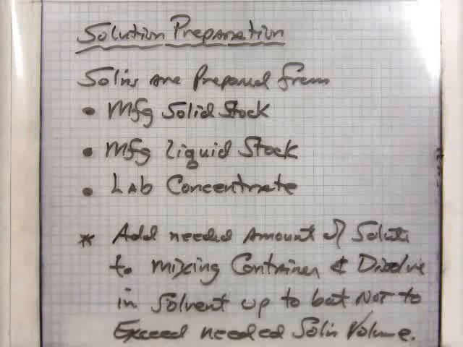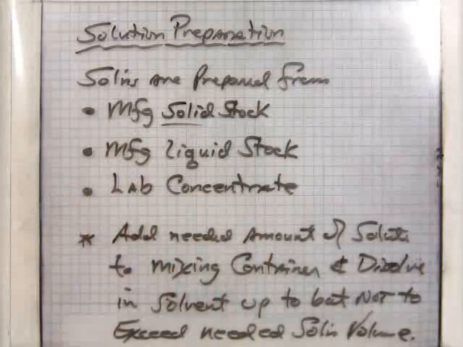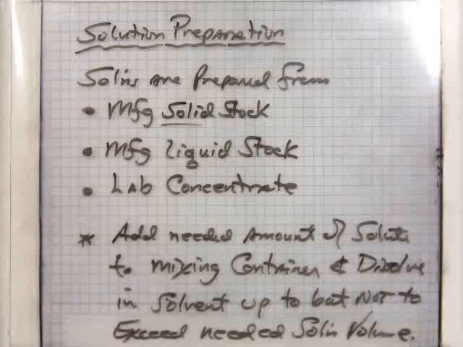Now, the next issue is how much should you extract? If you're working with solid stock, how many grams should you transfer to the mixing container and then add solvent up to, but not to exceed, the total volume of solution? Well, it's a very easy calculation.